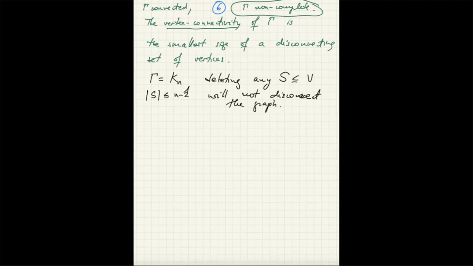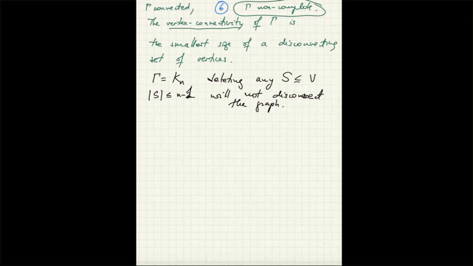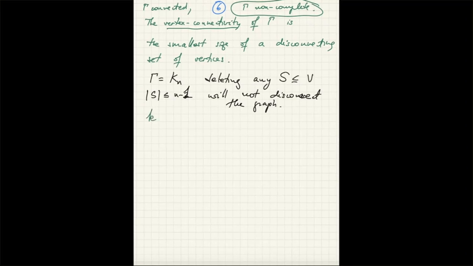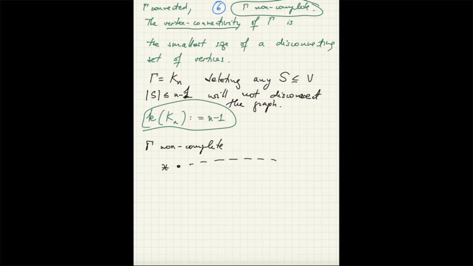Actually, even if you delete n minus 1, what do you get? You get one single vertex. So for complete graphs, by convention the vertex connectivity, which we denote by kappa of Kn, is defined to be n minus 1. But if we take any graph gamma that is non-complete, that means there exists some vertex x and some vertex y such that there are no edges between them.